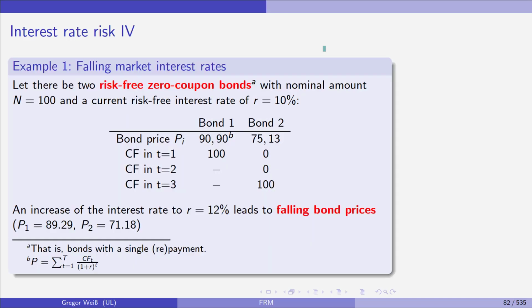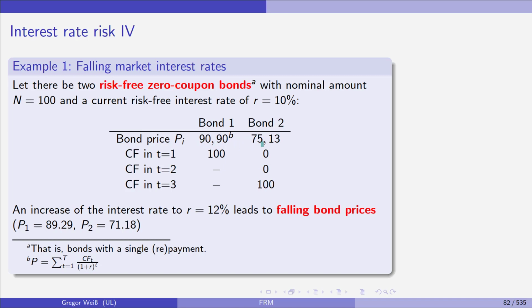A very simple example: let there be 2 risk-free zero coupon bonds with a nominal amount of 100 and a current risk-free interest rate of 10%. You can see here, you have a bond price P1 for bond 1, 100, very simple. You calculate the arbitrage-free price without any market frictions as the discounted cash flow. So this is 90.90.